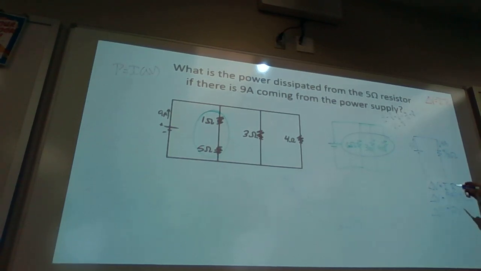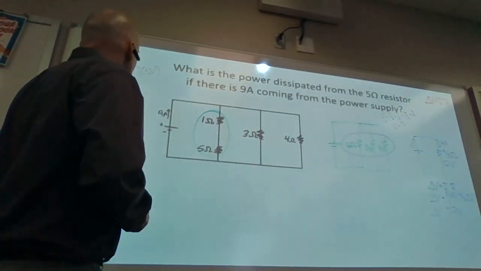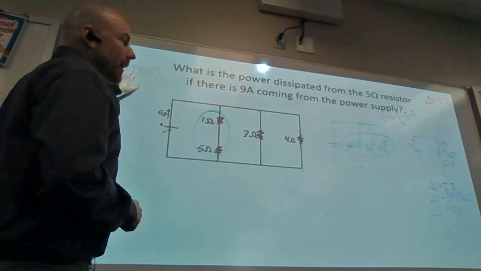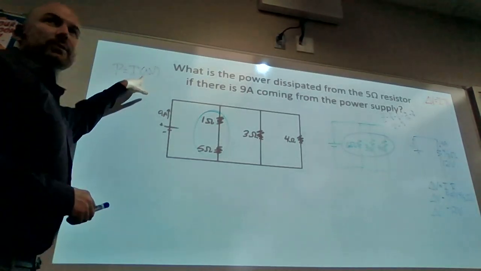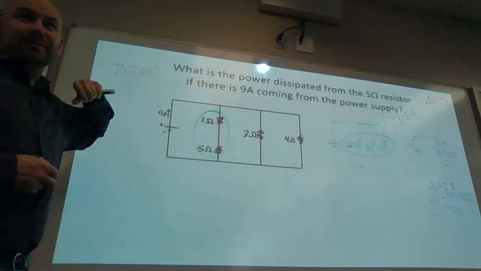So my total voltage is 12 volts across here. If I take 9 amps and multiply it by 12 volts, that would be the total power dissipated by the entire circuit.